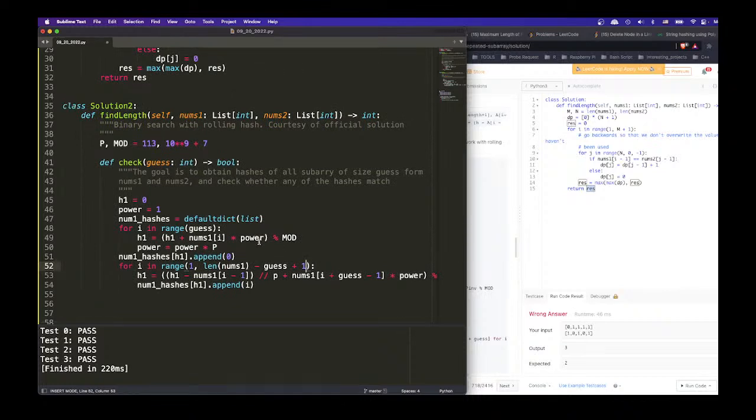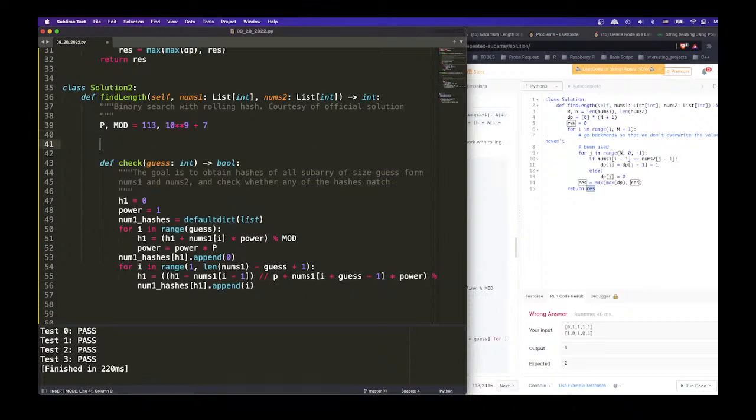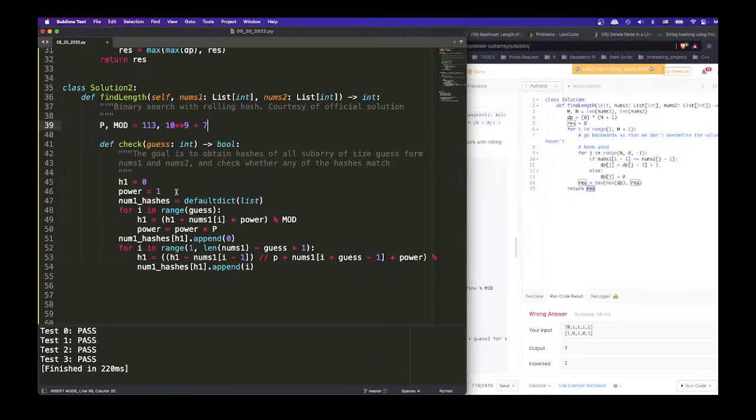And then what? Then we go with the other hash. Yeah, it's fine.